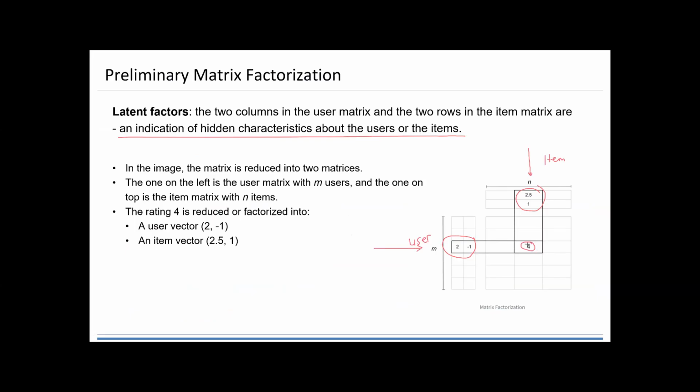After we know that the user gave rating 4, we want to use this matrix and reduce it into two different matrices. So we have this matrix and this matrix. The one on the left is the user matrix with M users.